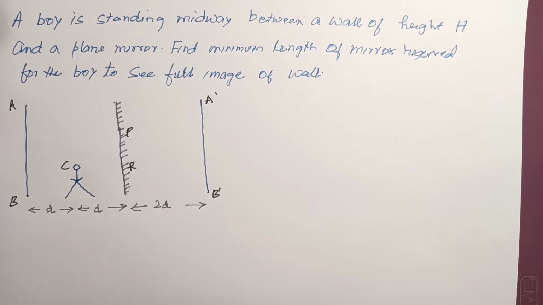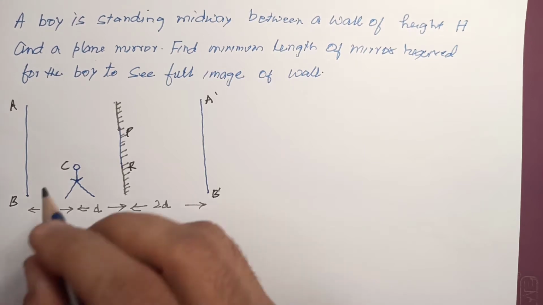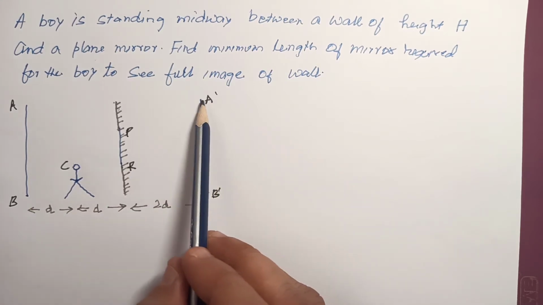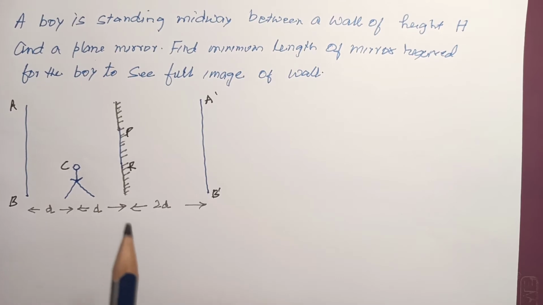How did we do the earlier question? We drew two triangles, proved that they are similar, and then found the ratios. So let's get started. First, what are the two extreme points of the image required?